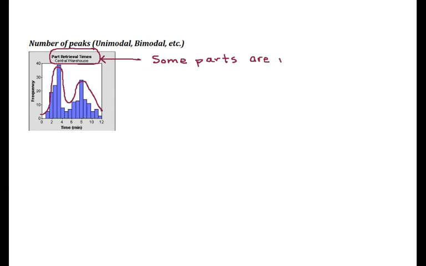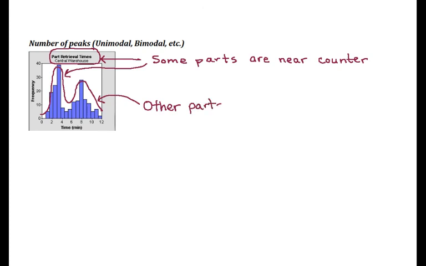So some parts are near the counter and all the clerk has to do is turn around and grab them, and that would be our first mode. And our second mode would come from the parts that take a bit longer to get, where this second mode is, these might be in the back, right?